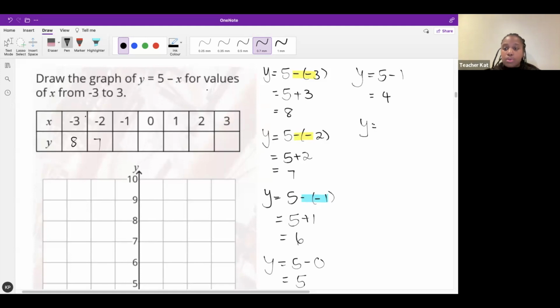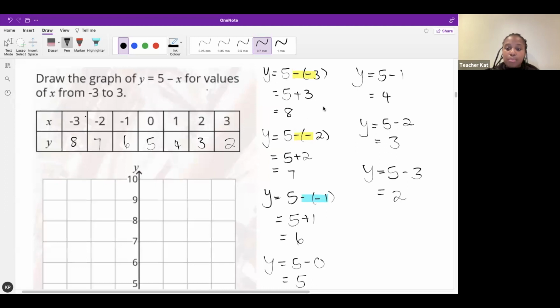Y equals 5 minus 2. That is 3. Thank you, Logan. And the final one, y equals 5 minus 3. And what is my final output? That is 2. Now let me fill in my table here. I've been neglecting my table a little bit. This is 6, 5, 4, 3, and 2.